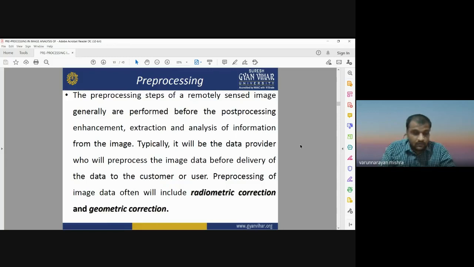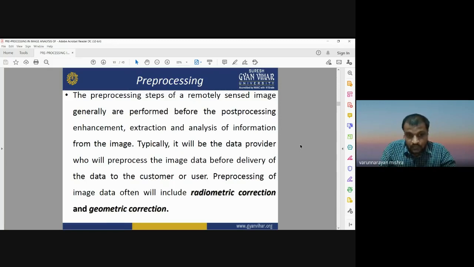So whatever data you download from the USGS, like Landsat TM, Landsat 8, is already pre-processed. They process that data before delivering it to the normal user. Whatever data you download from the USGS website or Earth Explorer website is already pre-processed, which means most of the errors can be rectified before delivering the data to you.